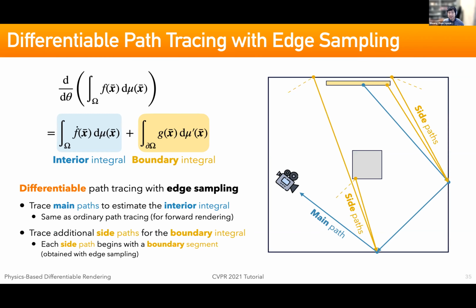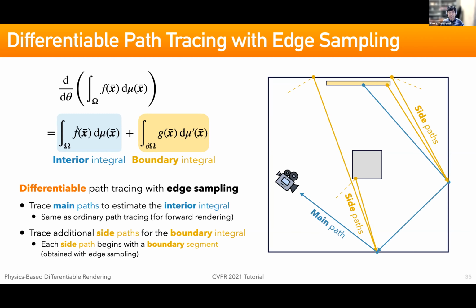For example, at the first vertex, we trace two paths that are separated by a silhouette, the bottom left corner of the square. And then at the second vertex, we trace additional paths. In this example, we trace a pair of paths given by the topological boundary of the light source. How you get this pair of paths is based on sampling a random point along those discontinuity boundaries.